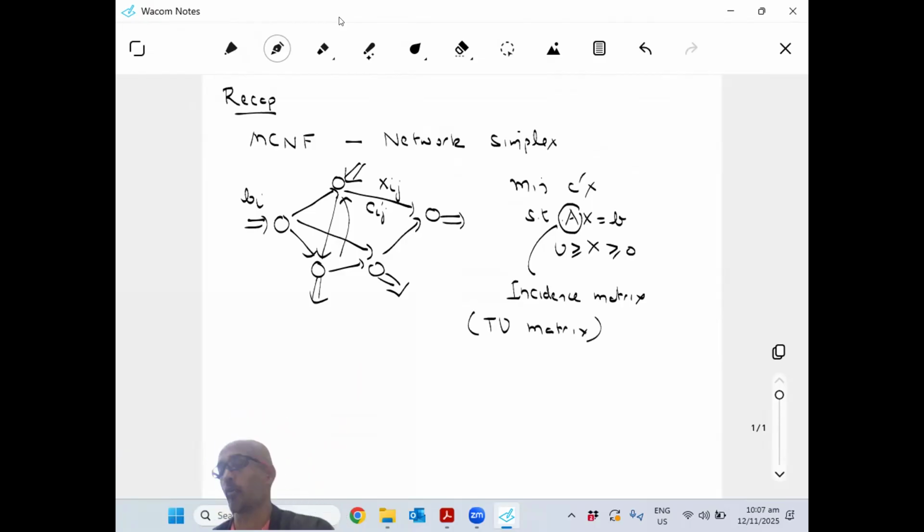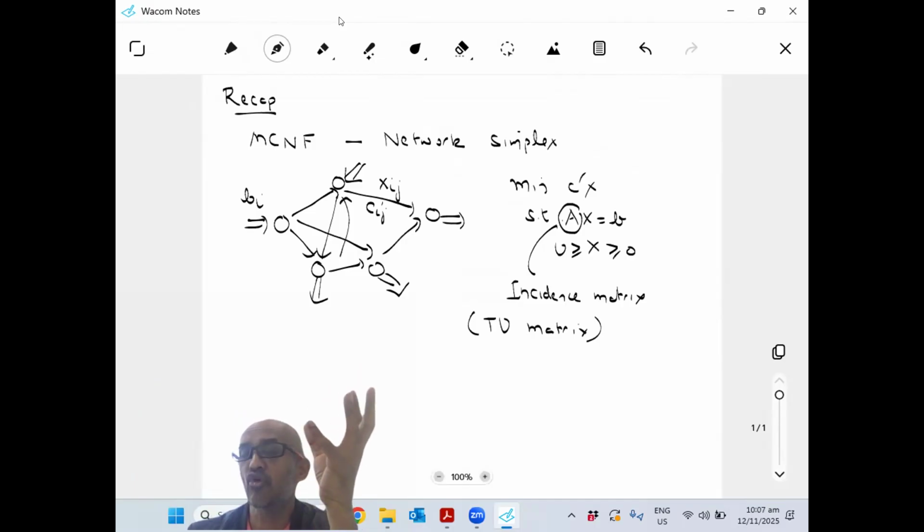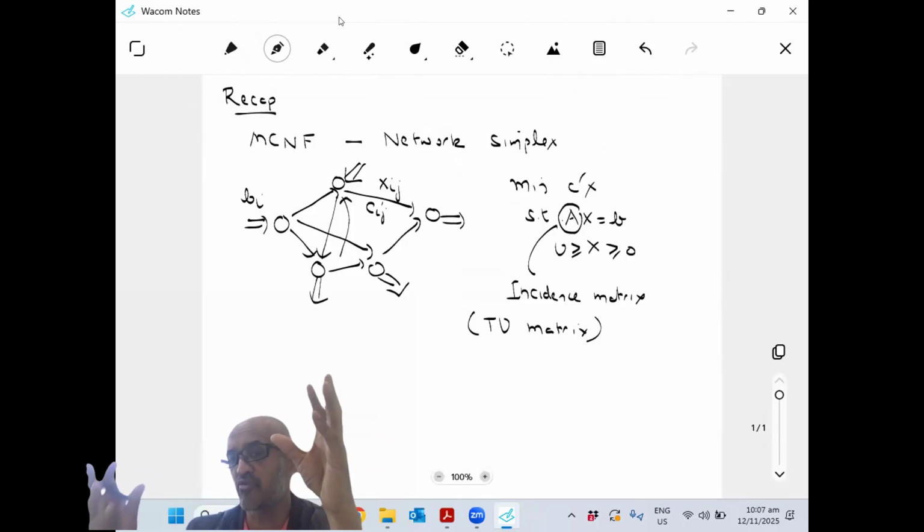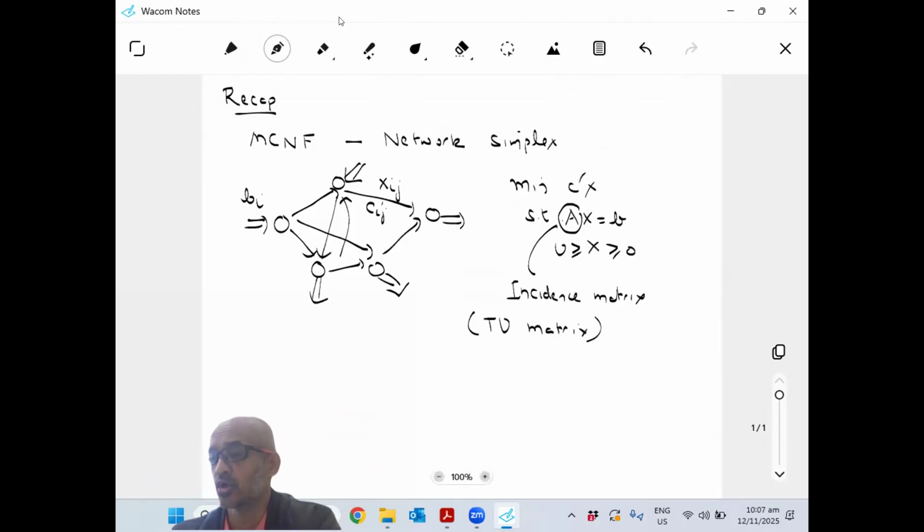It's got a +1 and a -1 in each column, everything else is zeros. More importantly, the determinant of any square submatrix is either -1, +1, or 0. And so you can show that as long as the input B is integer, the optimal flows will always be integer. So if you have integer data, you automatically get integer optimal solutions.